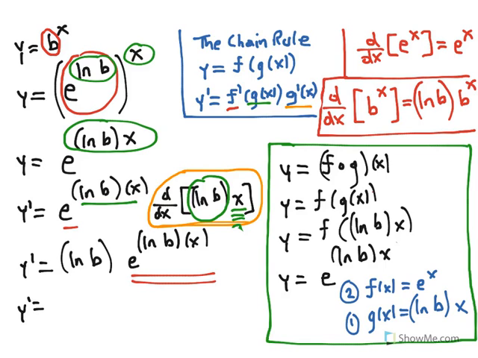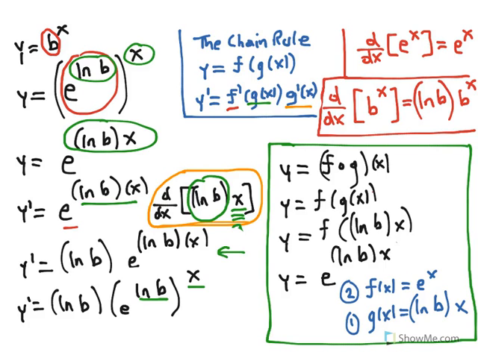So we have y prime is equal to natural log of b. So you can write what we have here using properties of exponents as e to the natural log of b to the x. You have the power of a power, so when you multiply the exponents, you'll have e to the natural log of b times x.